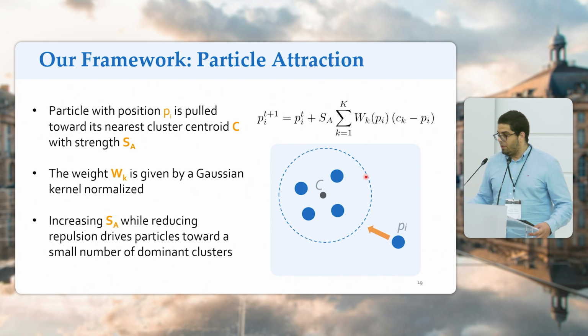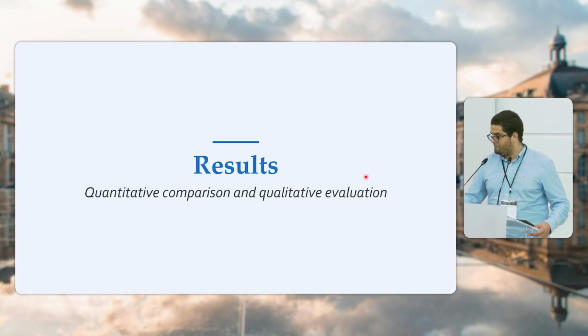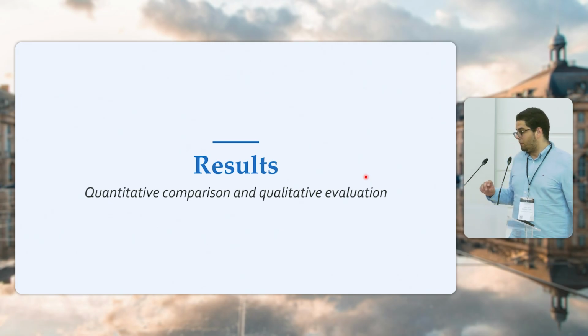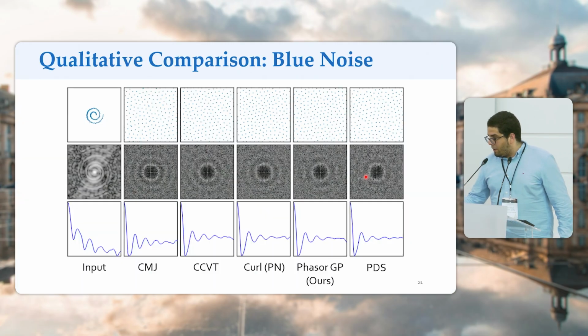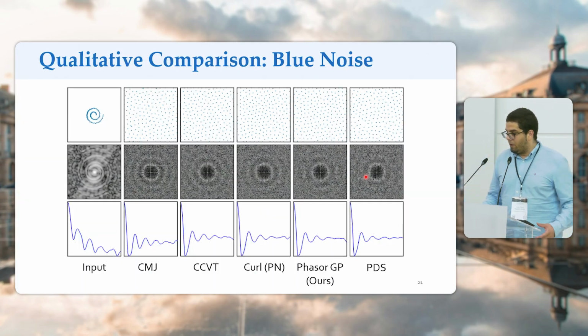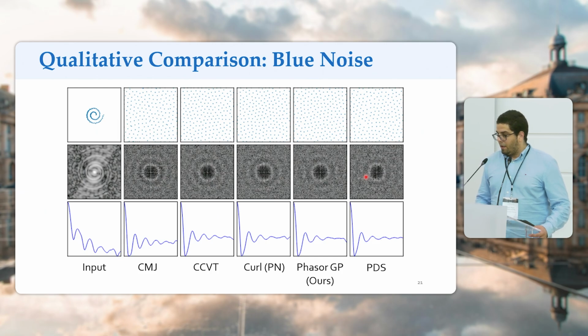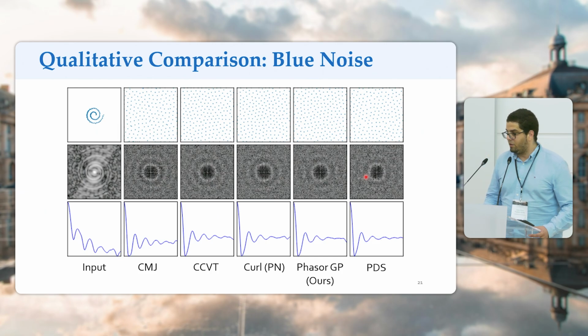Okay, so now we see that the framework is relatively simple. So let's see some results to see if we can convince you that it's practical. We have two types of experiment, quantitative and qualitative. For the qualitative comparison, we compare with previous work, Lloyd relaxation and curl noise jittering.